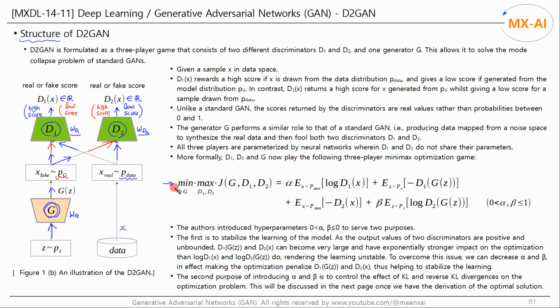More formally, D1, D2, and G now play the following three-player minimax optimization game. For J to increase, D1 of X must increase, and D1 of G of Z must decrease. D2 of X must decrease, and D2 of G of Z must increase.